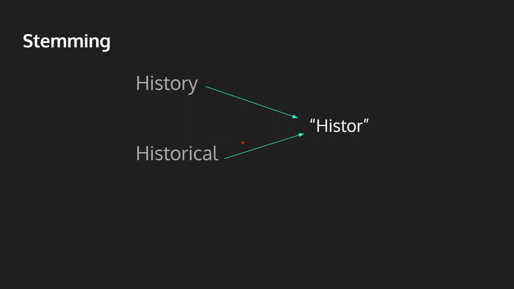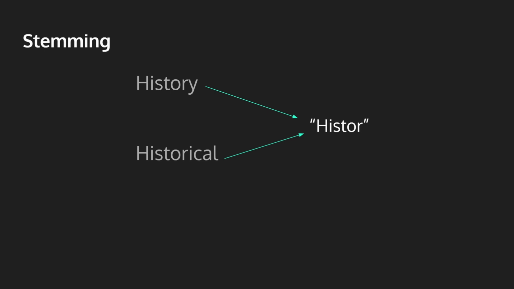And you might be wondering, what does this word histori mean? Well, it doesn't actually mean anything. That's one of the disadvantages of stemming, because we might get words that mean completely nothing. So then you might be wondering, what is the point of using stemming if it is flawed? Well, the answer is that stemming is blazing fast.